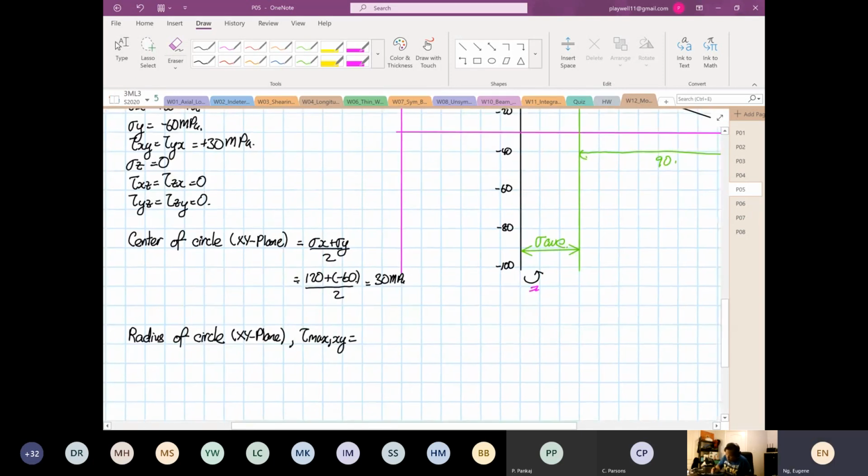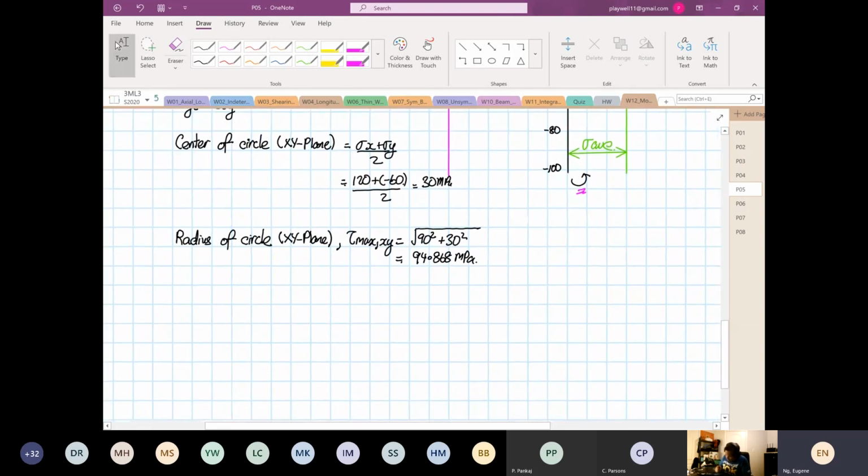So the radius will be equal to the square root of 90 squared plus 30 squared, so it's equal to 94.868 megapascal.